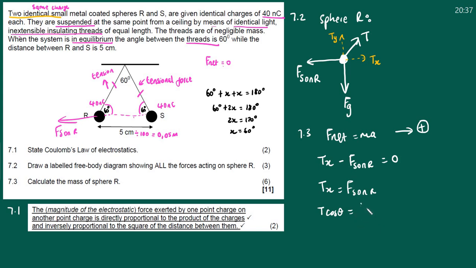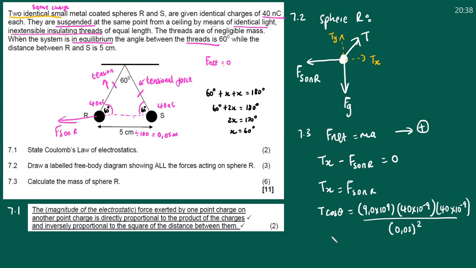We use 9,0 times 10 to the power 9, multiply by the charge of S. The charge of S is 40 times 10 to the power negative 9, and same thing here, 40 times 10 to the power negative 9 for S and R. Then you divide by the distance between them, which is 0.05 all squared.